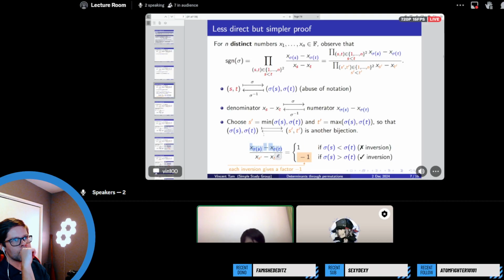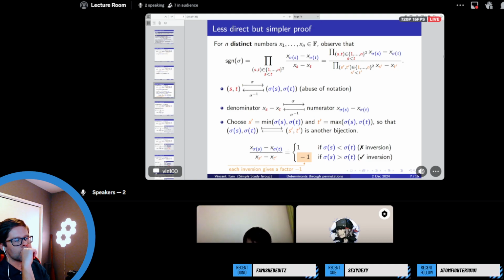No, not yet polynomial, sorry. With this x S dash minus x T dash, we will find that because we are simply taking S dash as the minimum, if sigma S is smaller and sigma T is larger, and S dash is smaller and T dash is larger, then it will be equal to 1.